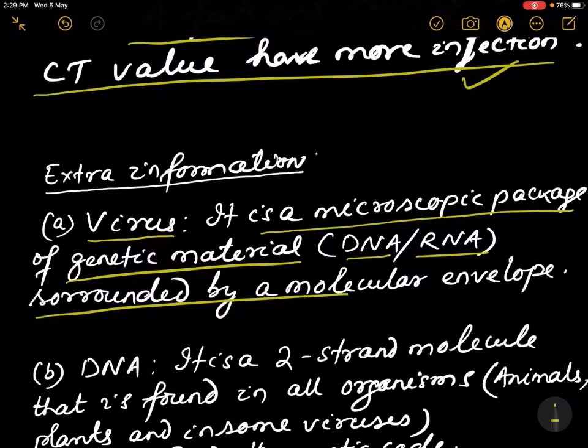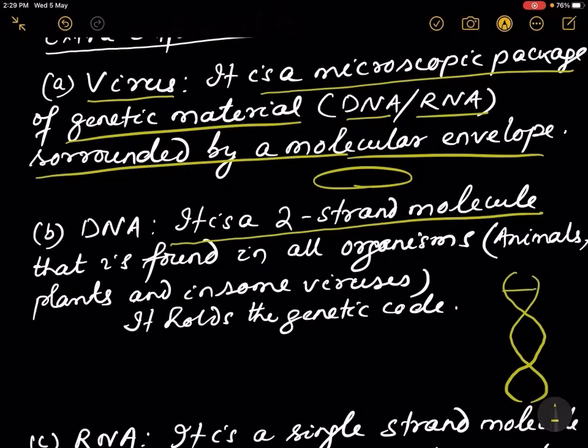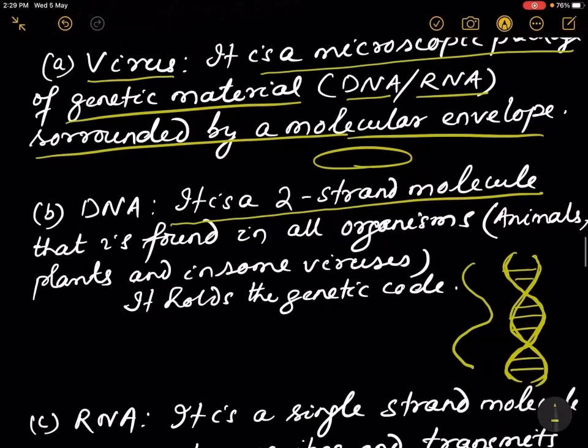DNA is a two-strand molecule, whereas RNA is a single strand. It is found in all organisms, means animals, plants, and in some viruses.